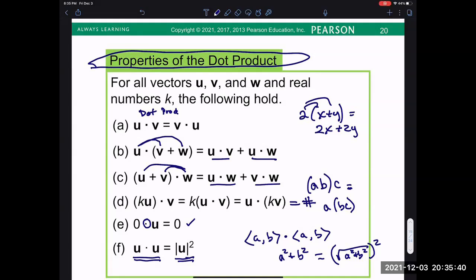But anyway, these are things to think about, and we're not going to work with vectors enough for all of these things to be completely comfortable. So that's why I recommend that you take note of this little list of properties of the dot product in case they are asked about, or you have to do some sort of manipulation in the problems that we actually do for this class.